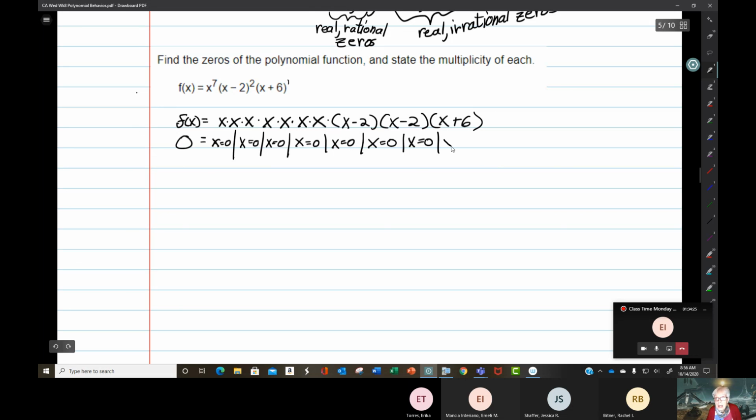Okay, now x minus 2 equals 0. x minus 2 equals 0. x plus 6 equals 0. All right, now I have to solve each of these for x, but these 7 are already solved for x. Now this, I'm going to add 2 to both sides.